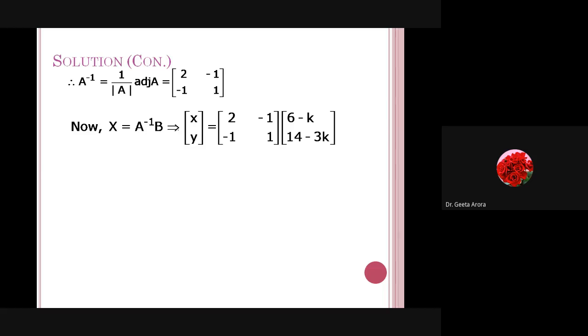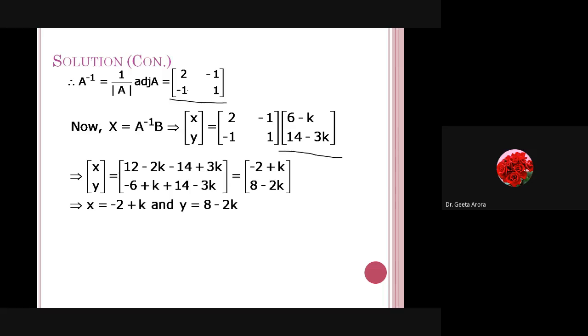So here, X equals A inverse B is written like this. This is our A inverse that we have calculated. And B is the right hand side that we have just written in terms of k. Right? So if we solve it, we get the values of x and y in terms of z, meaning k, that we have already taken.